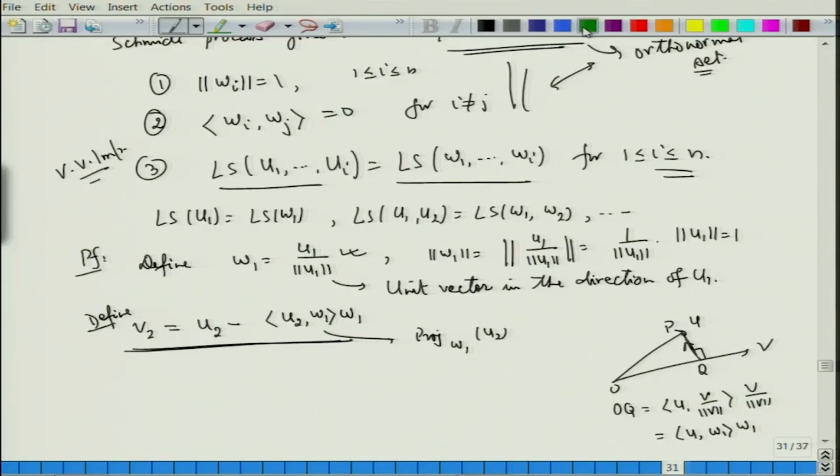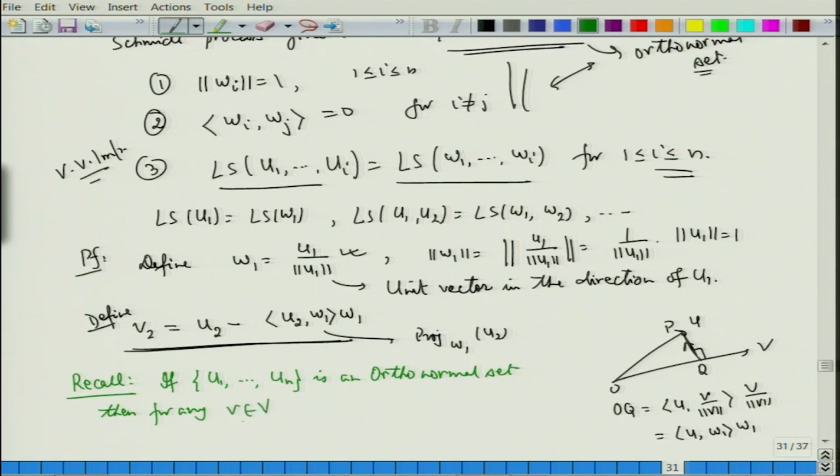Recall this theorem, which is a very important theorem that I have been saying again and again: if U1 to Un is an orthonormal set, then for any V belonging to the vector space, the vectors V minus W and W are orthogonal, where W was the sum of the inner products of V with Ui times Ui.